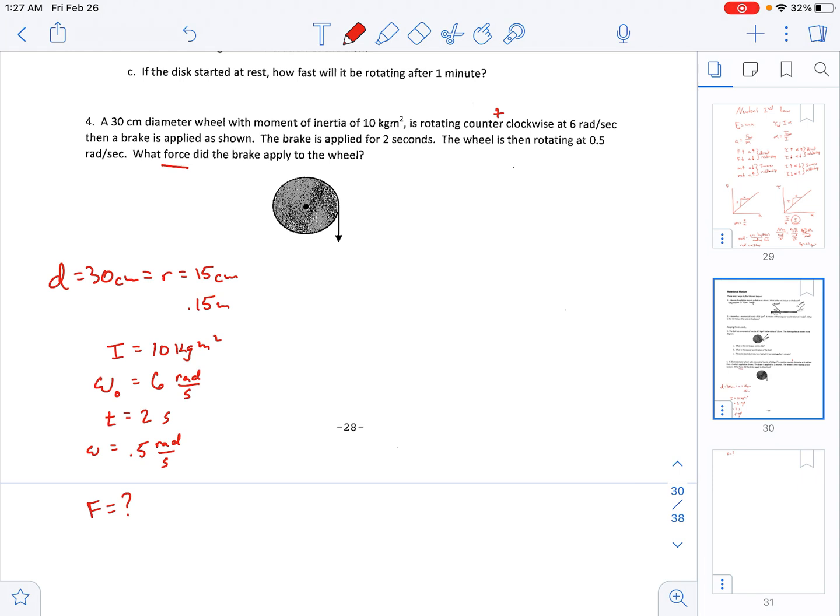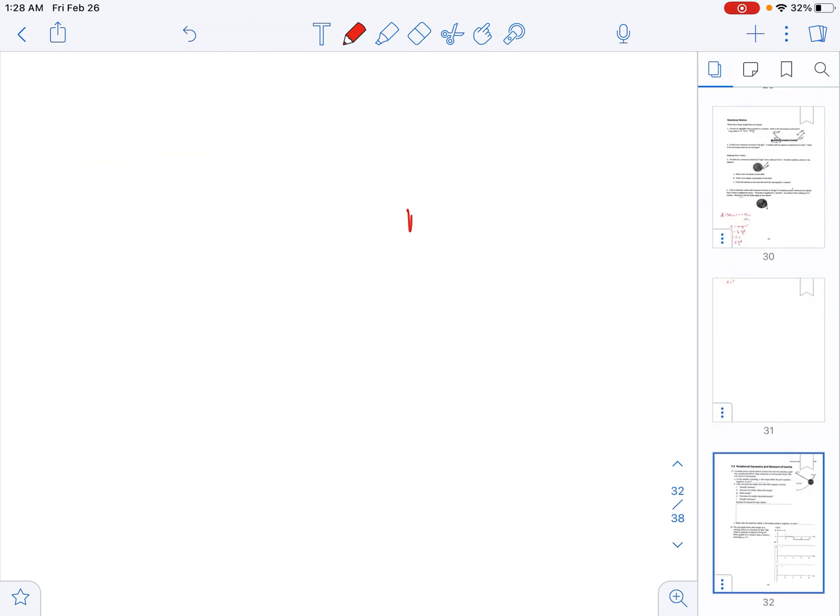What is my force? If you remember going back to linear relationships, when we covered Newton's second law, that F net is equal to ma, we had a lot of combo problems that were a combination of force and kinematics. And if you remember, Newton's second law, that F equals ma, was our bridge between Newton's laws and our kinematics.